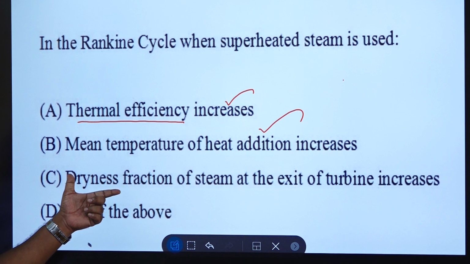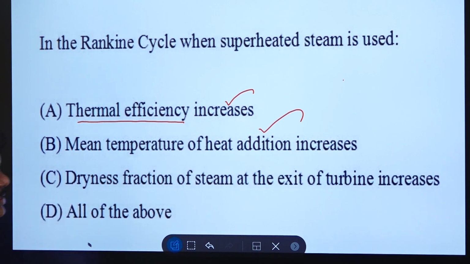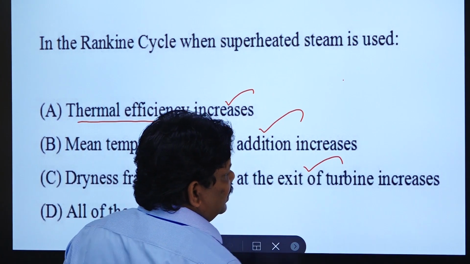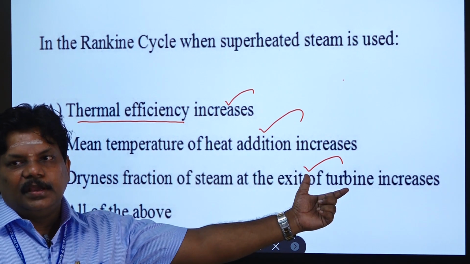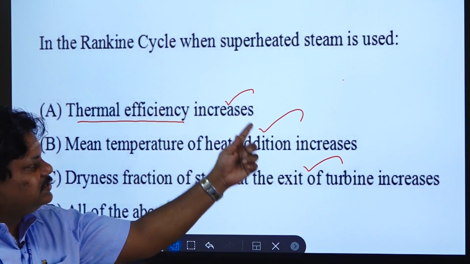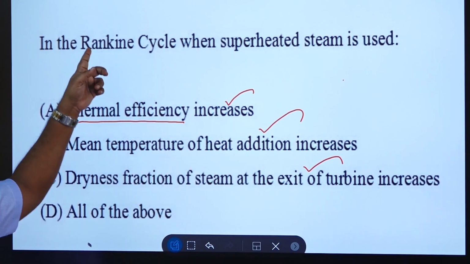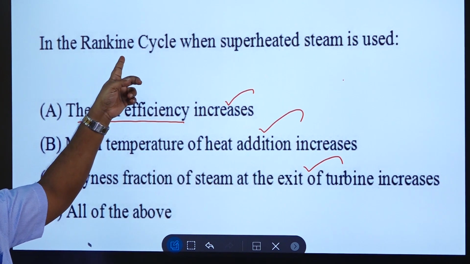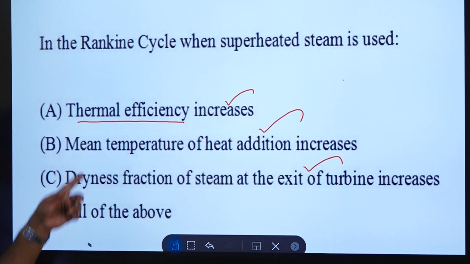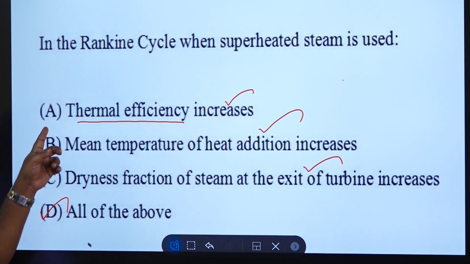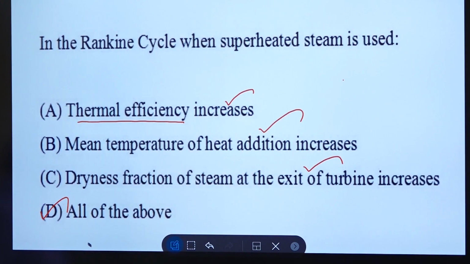And then the dryness fraction of the steam at the exit of the turbine will also increase. Only when it increases can it improve the life of the turbine blades. So all three statements given about the Rankine cycle are true. So you have to tick option D, that all the options given in A, B and C are right. So the option is D.